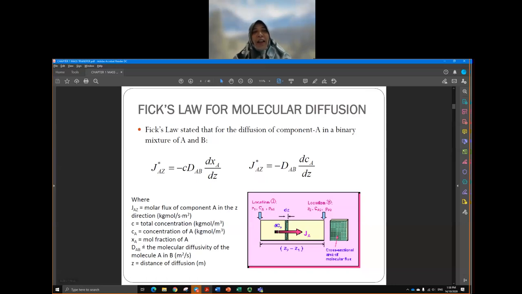And then this is another constant, which is called the diffusivity of molecules A in B. If you were to have the diffusivity of B in A, the symbol would be DBA, okay? But the value of this diffusivity will be the same, DAB is also equal to DBA, okay?